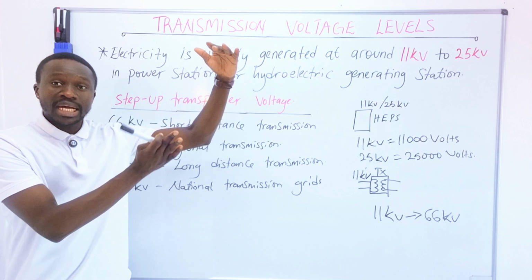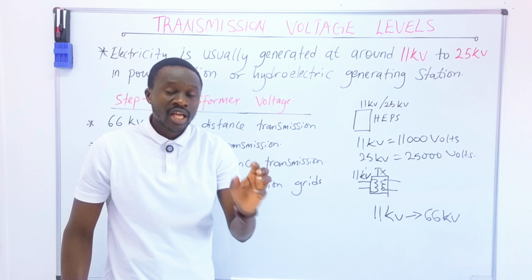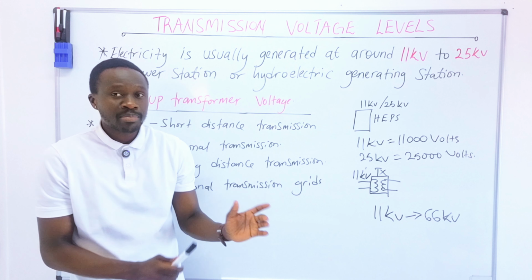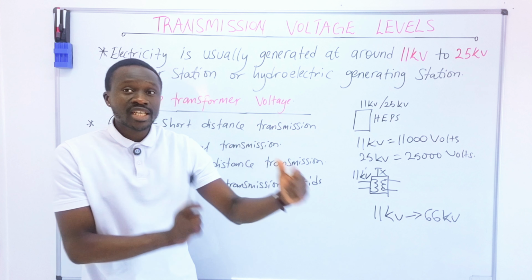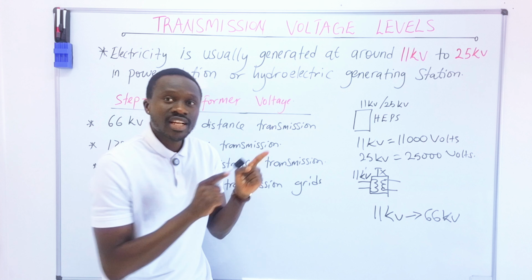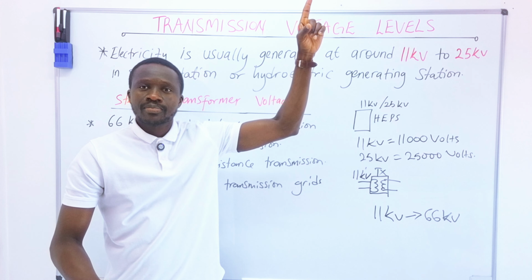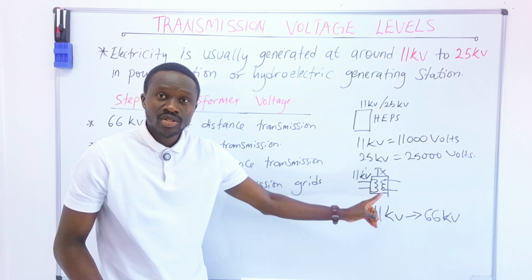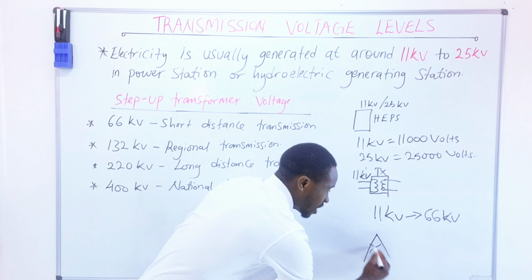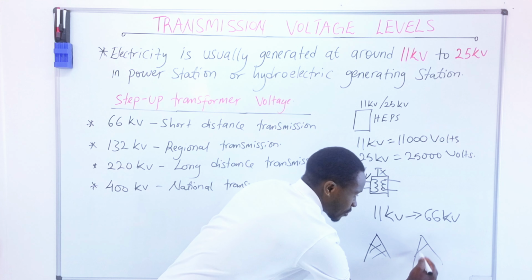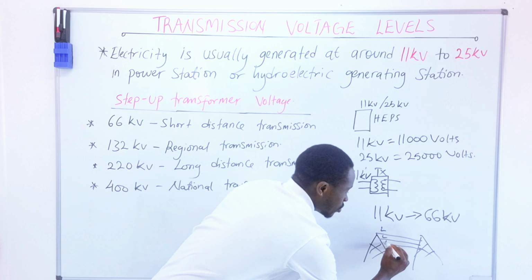But they are stepping up the voltage from 11K, which is generated from the generator. The generator produces 11K to 25 kilovolts at the generating plant. Now we get this 11K or 25 into the transformer to step it up. When we want to transmit from one place to another, we put it on these pylons or poles. Live 1, live 2, live 3.